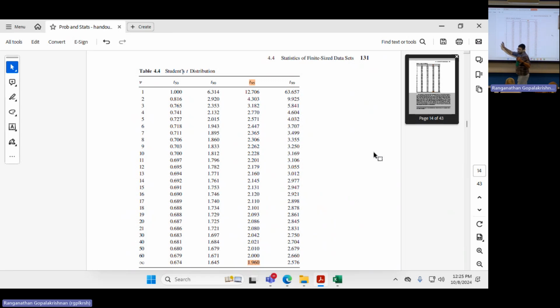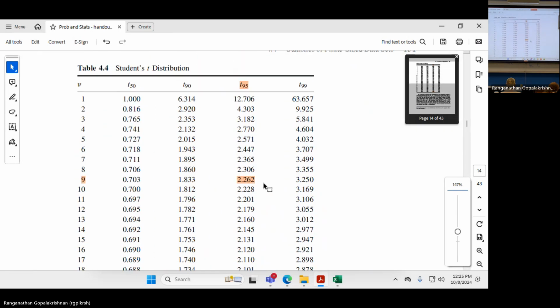This is the skill, reading this chart is needed for you to solve the problem. Okay, so I will say 9 degrees of freedom, 95% confidence is 2.262. This chart will be given to you for you to do this.